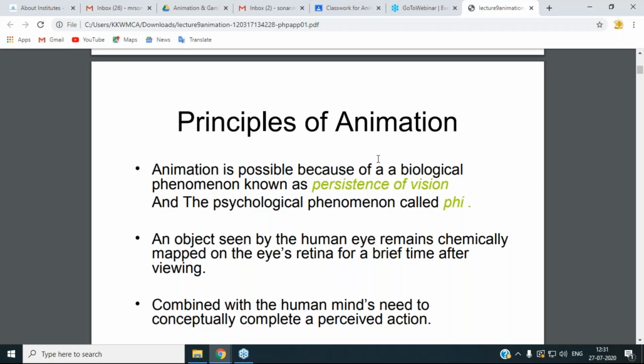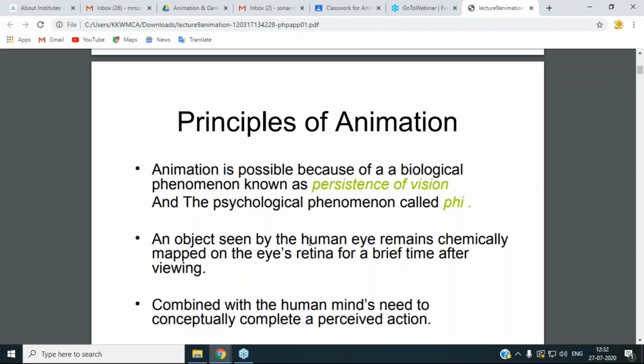The principles of animation. Animation is possible because of a biological phenomenon known as persistence of vision. You have to always keep in mind that this is one of the most important concepts, and the psychological phenomenon called phi.